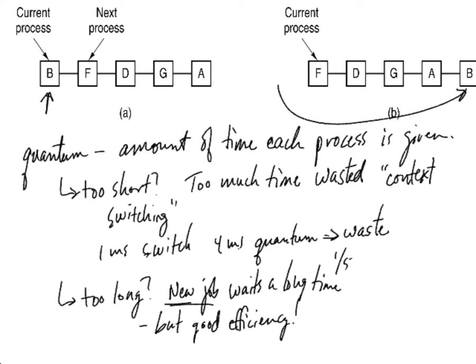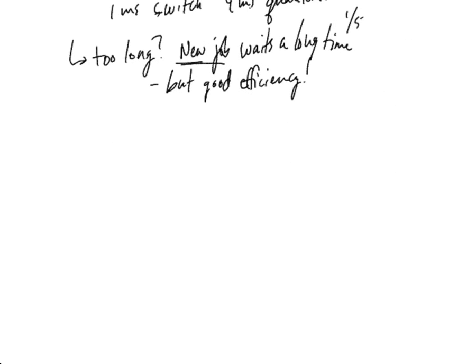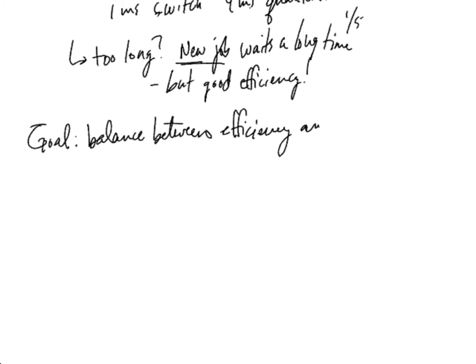In other words, we're not going to waste much time context switching. So our goal is to balance between efficiency and responsiveness. And most systems have quanta in the range of 20 to 50 milliseconds.